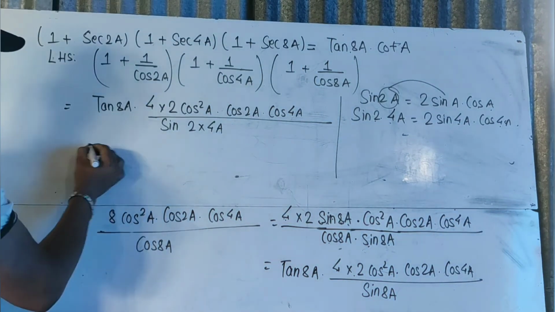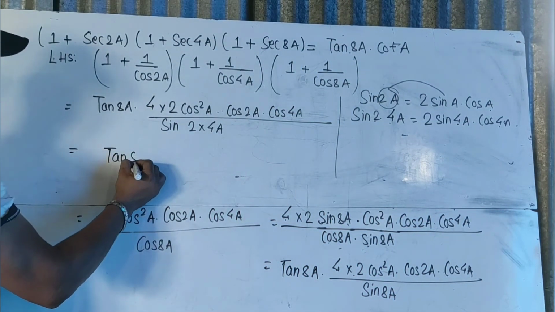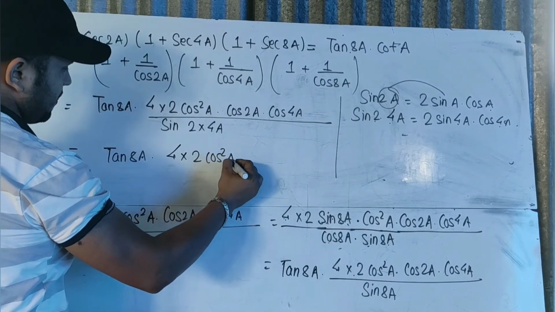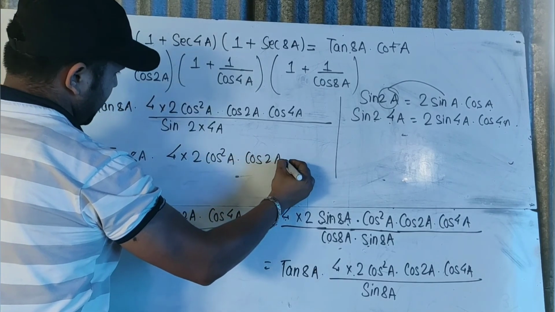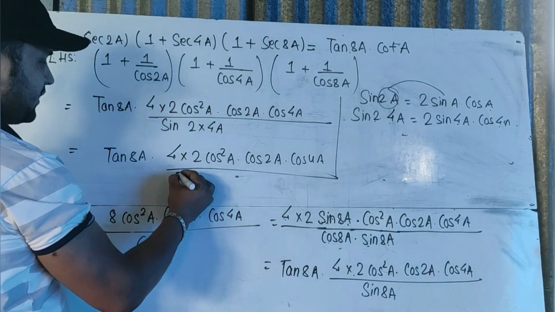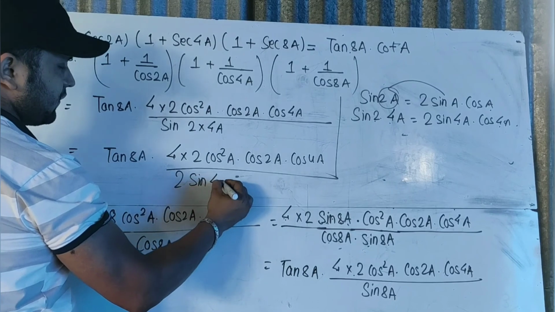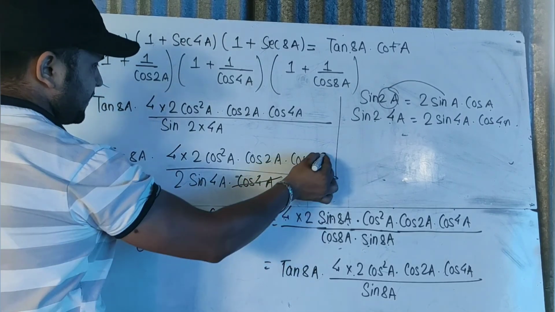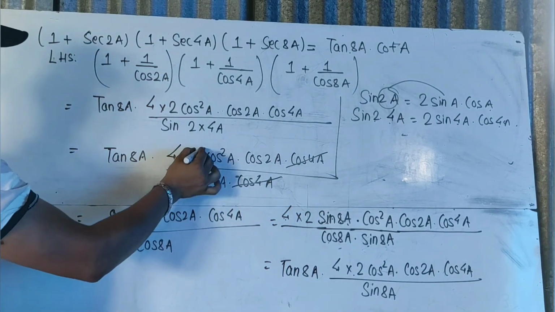So in the next step, here sin 8a you can write as 2 sin 4a cos 4a. Now you can cancel this cos 4a, you can cancel this 2 and 2.